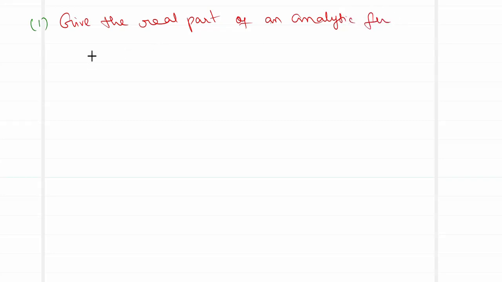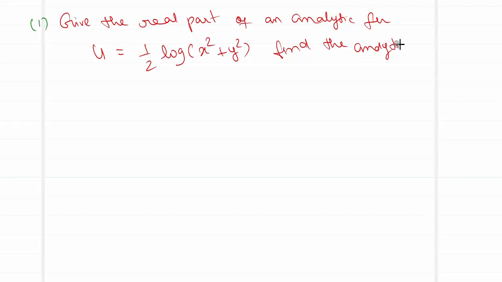Given the real part of the analytic function u, which is equal to half log of x square plus y square, find the analytic function f of z. So I need to construct my f of z.